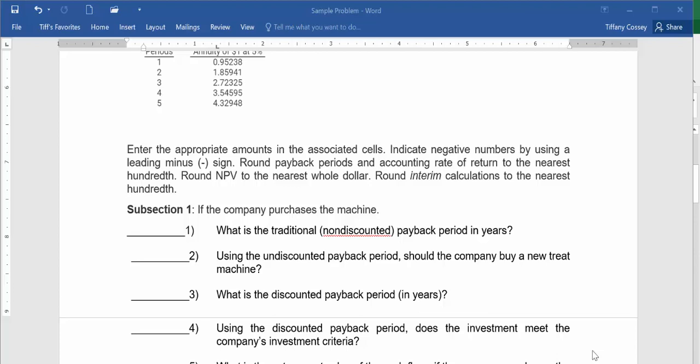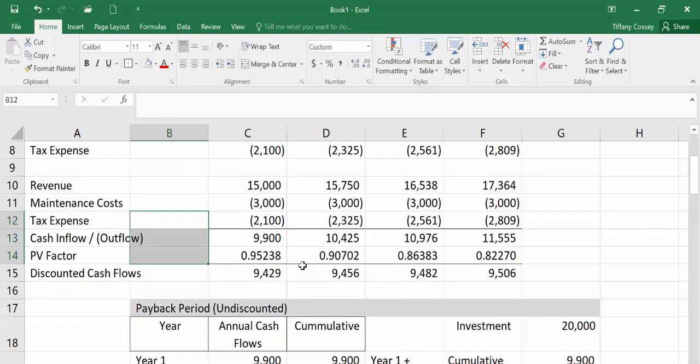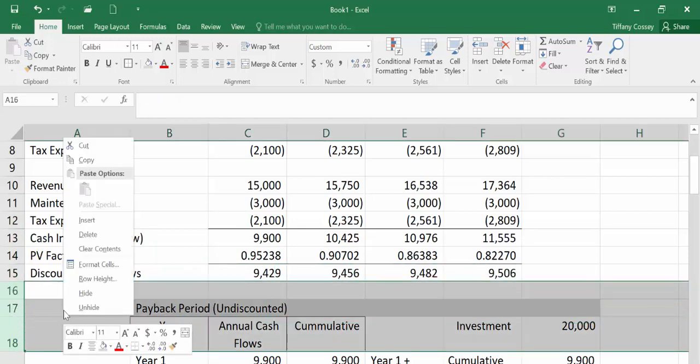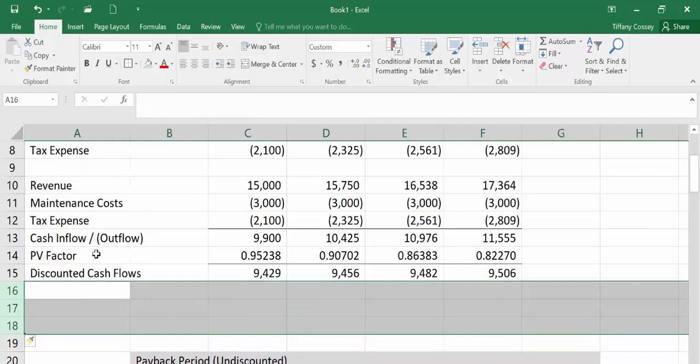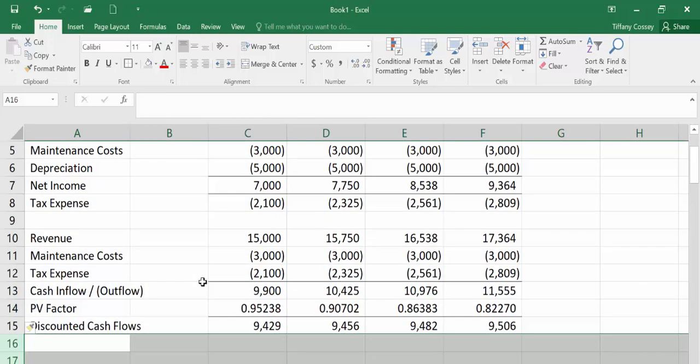It wants to know what is the net present value of the cash flows if the company purchases the machine. When we look back at what we have, it's almost completely done. We know what the discounted cash flows are for years 1 through 4, but the net present value takes into consideration all of the cash inflows and outflows, and we are missing one. We're missing the cost of the machine itself.